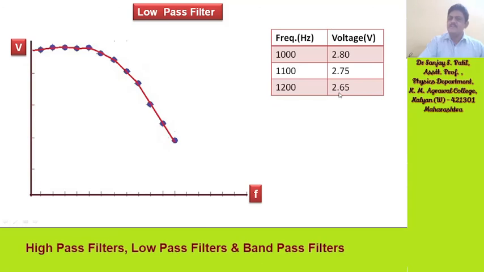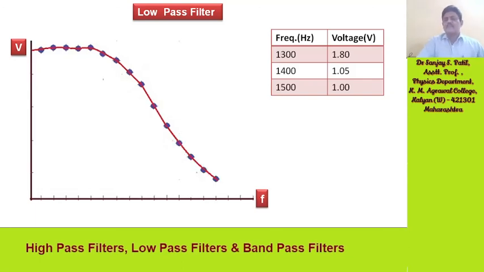Continuously voltage is decreasing. So there is a drop in voltage as frequency is increasing. Further, for 1300 Hz it is 1.80, for 1400 Hz it is 1.05, for 1500 Hz it is 1 volt. Continuously, as frequency is increasing, voltage is decreasing.